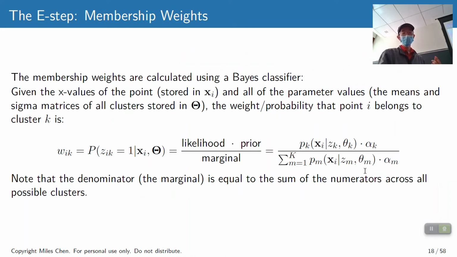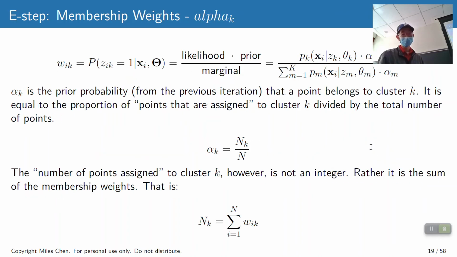So how do we get this? The membership weights include this prior part, alpha sub k, which is the prior probability, based on the previous iteration, that a point belongs to some cluster k. Traditionally, we would just ask how many points belong to cluster k.